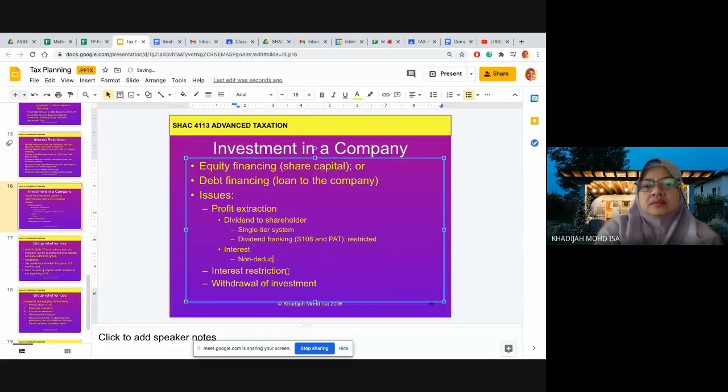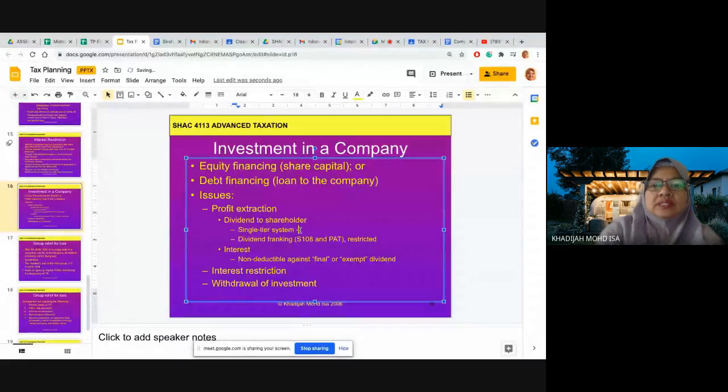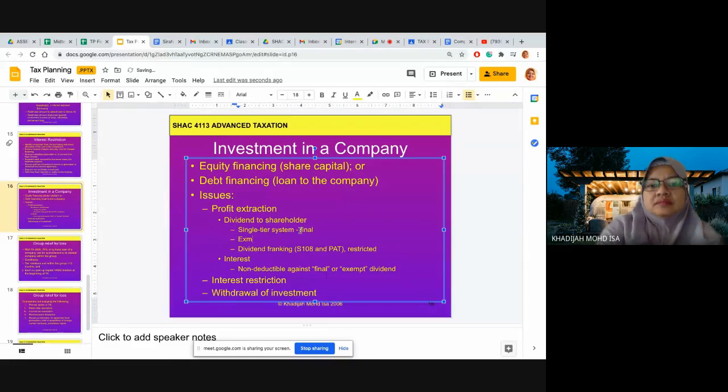Non-deductible against final dividend. Yeah. So single tier system, so dia punya final exempt dividend.